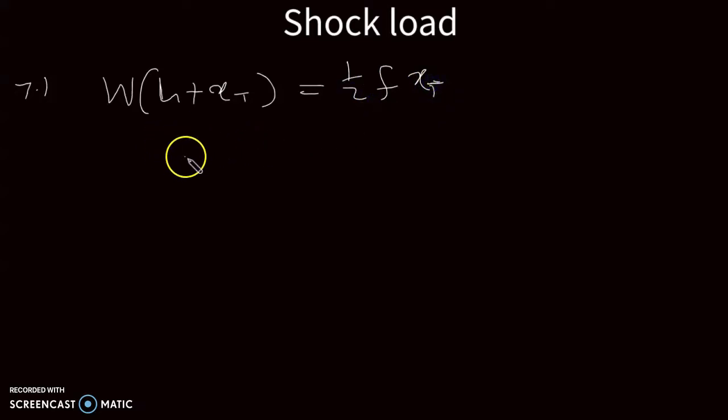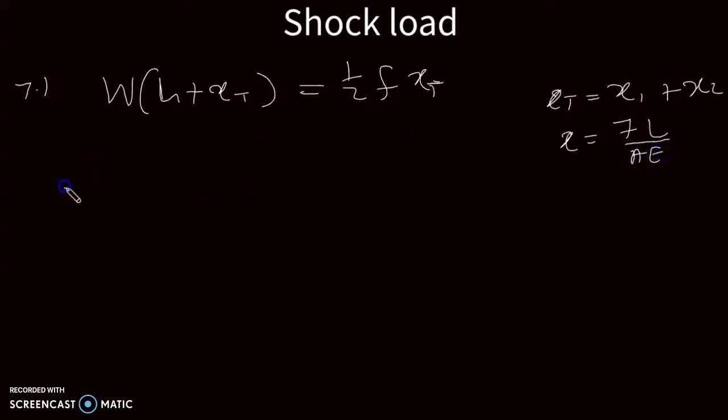We are going to use the formula W(H plus XT) is equal to half of F times the total extension. We know that this will be equal to x1 plus x2, and we also know that x is equal to FL divided by AE.